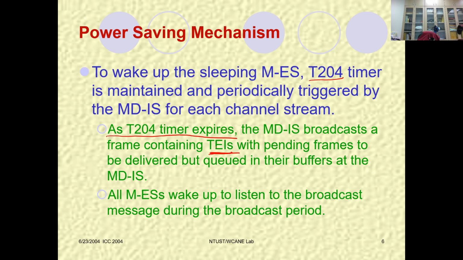TEI actually contains the stations with a pending frame to be delivered but queued in the buffer at the MDIS. So containing TEI means we have a list of equipment, and these are the equipment to receive the pending frames.